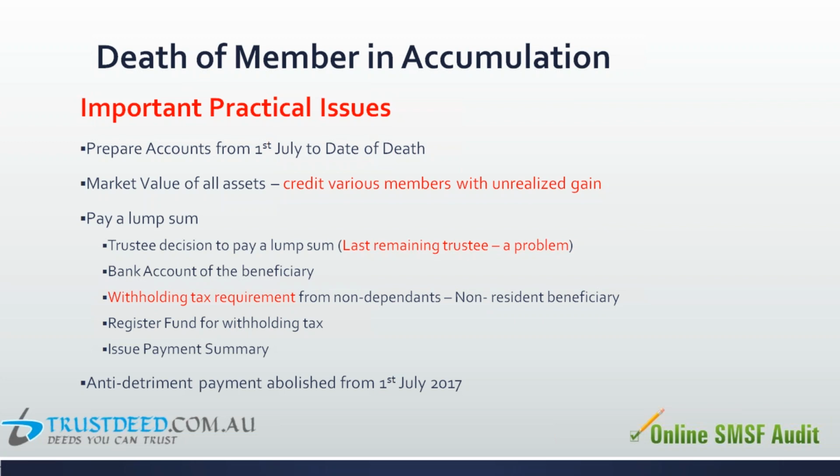Because we need to determine the superannuation interest of the person who just died. So when we prepare the accounts in the middle of the year, we need to look at the market values of all the shares, and we must allocate income to the various members. Now, there is a webinar which I'm presenting on how to allocate income and how to allocate unrealized gains.